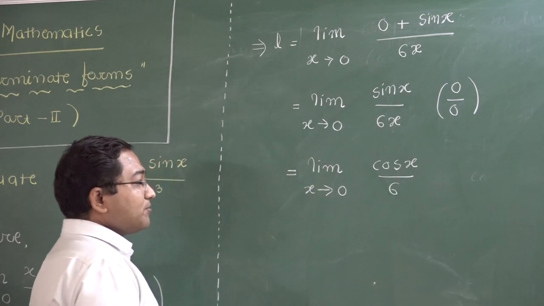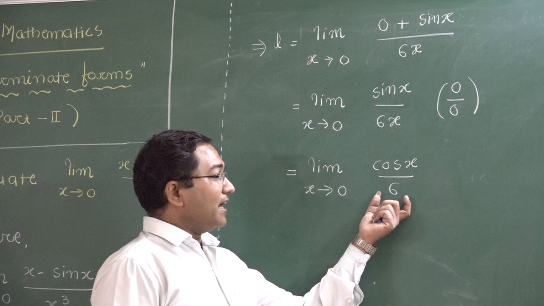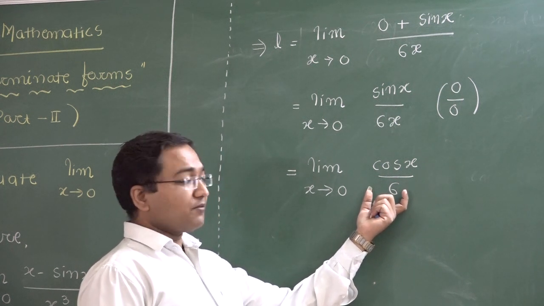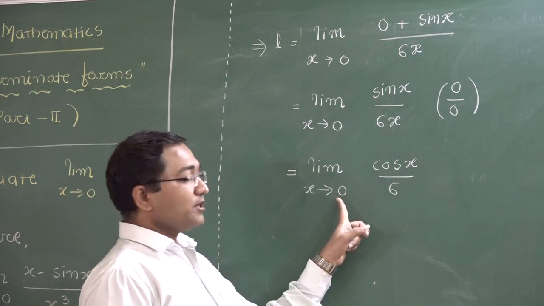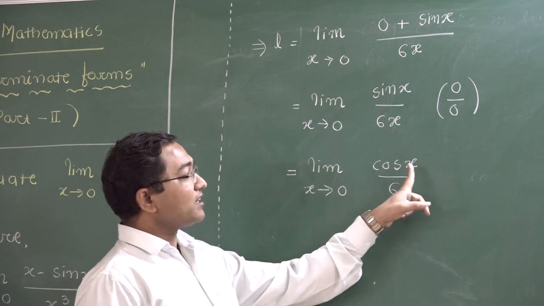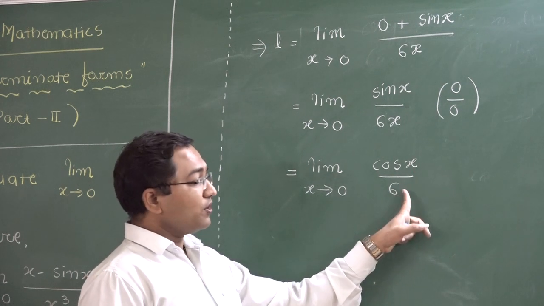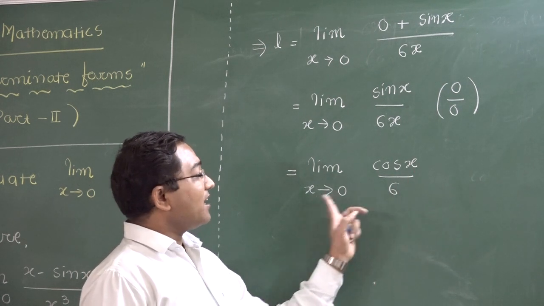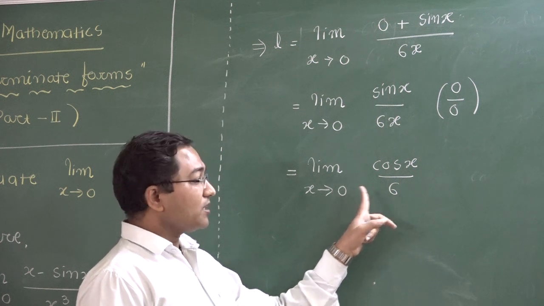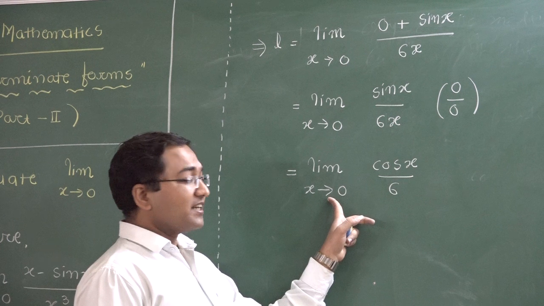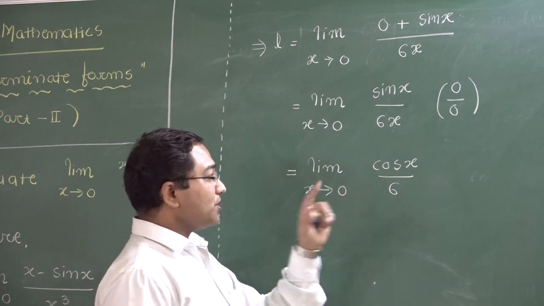Here observe that L'Hospital rule is not applicable for this particular form, because when we substitute x equal to 0, we get cos 0 is 1, and upon 6, so that is 1 upon 6, which is a finite answer. At this point x equal to 0, the denominator is not equal to 0, therefore we can substitute x equal to 0 directly in the limit.